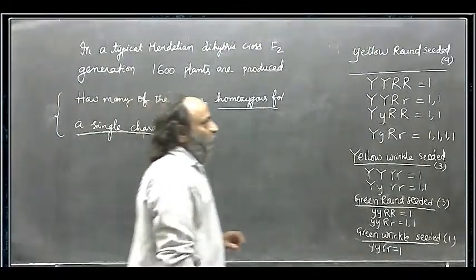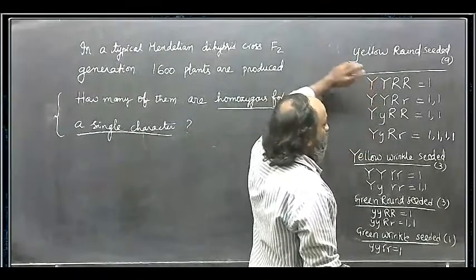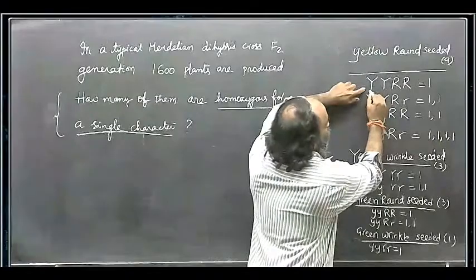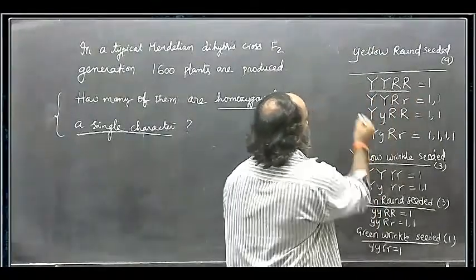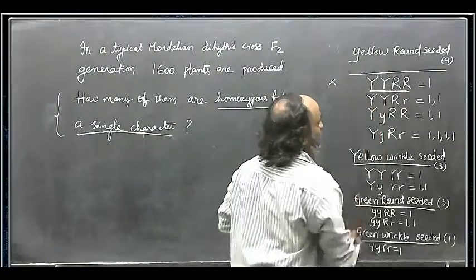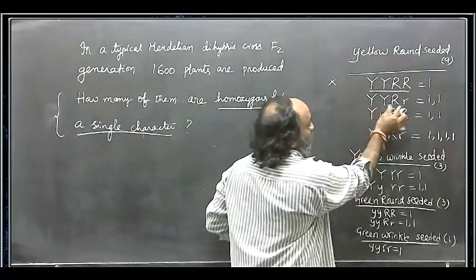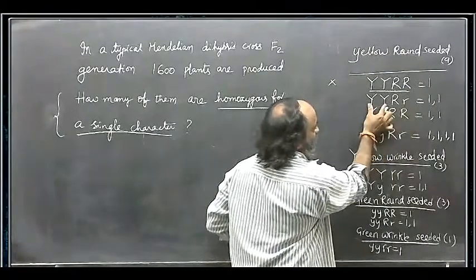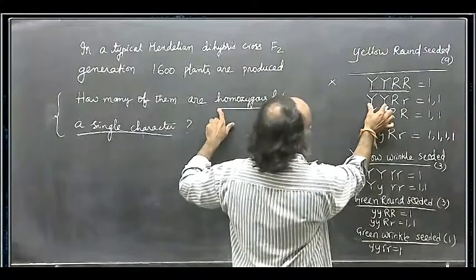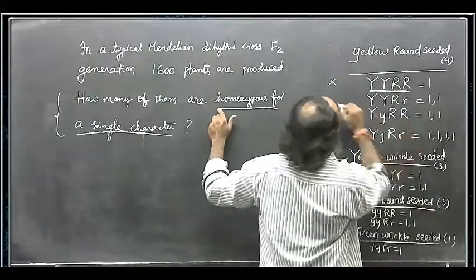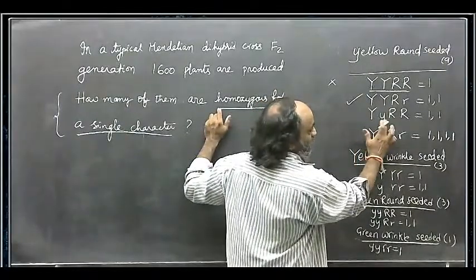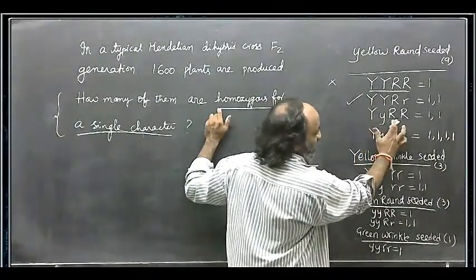Once again you have to make use of this checkerboard. This is double homozygous. So don't take this into consideration. This is heterozygous and this is homozygous. Therefore, it is homozygous for a single character. So you can take this. This is heterozygous, this is homozygous.